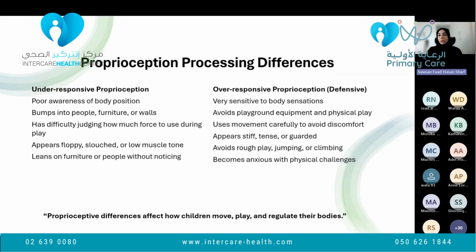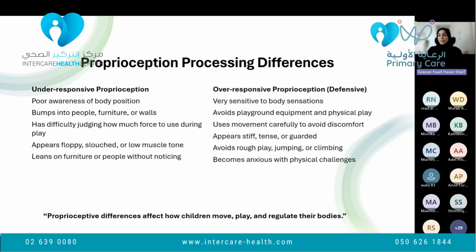Okay, what if the child was over-responsive to proprioception? The cup is small and the sensations are too much. First of all, this sensory processing difficulty is not very common, but it happens sometimes. The child will be sensitive to body sensations, will avoid the playground, and uses movement carefully and with caution.